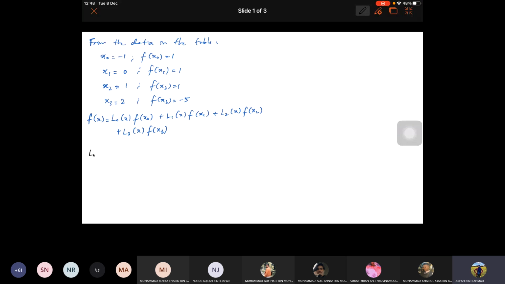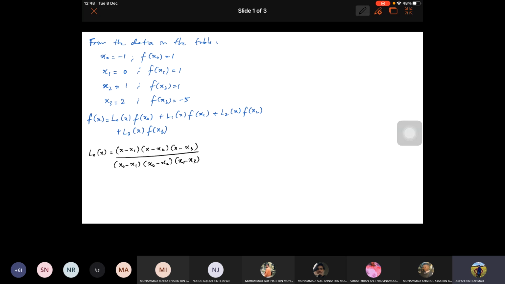Okay, so your L0x akan sama dengan x minus x1 multiply with x minus x2, x minus x3 divided by x0 minus x1, x0 minus x2, x0 minus x3.